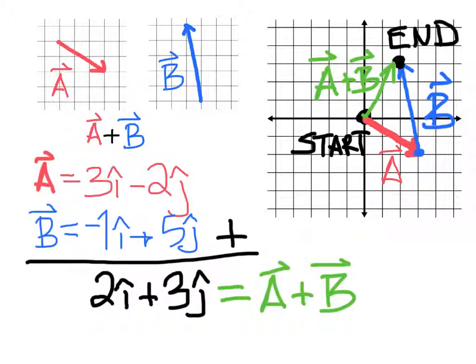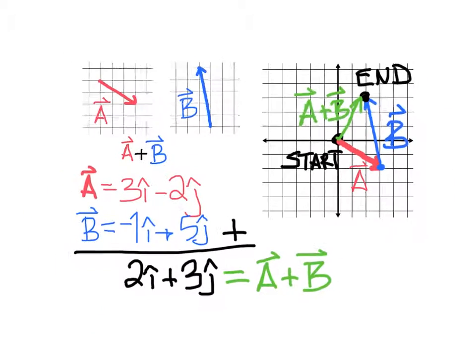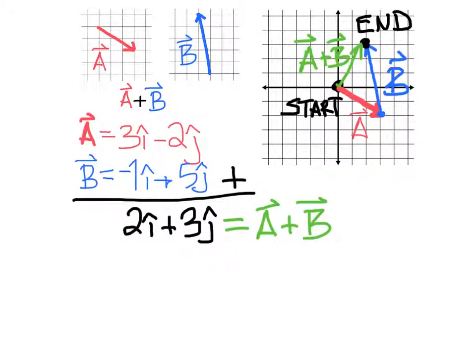So there's one more way that may be helpful to know, something that can help you add vectors. You can also represent these vectors using what we call column vector notation, where instead of writing out A as 3 i hat minus 2 j hat, or instead of showing A as this arrow up here, we can write A like this, as a matrix with 2 elements, with a 3 and a minus 2.